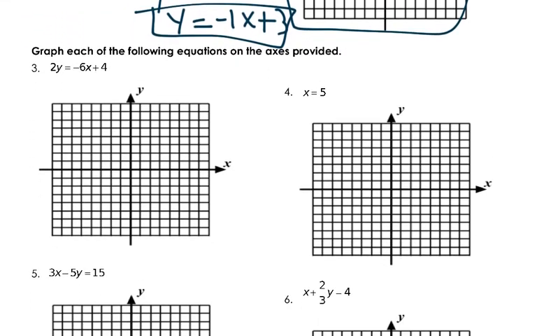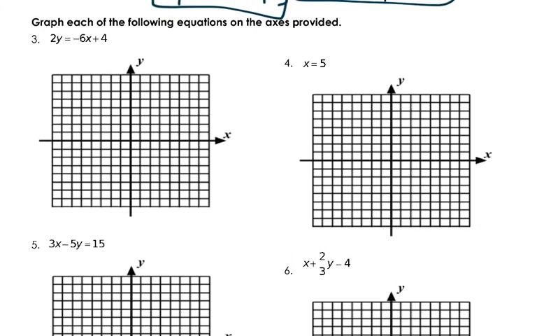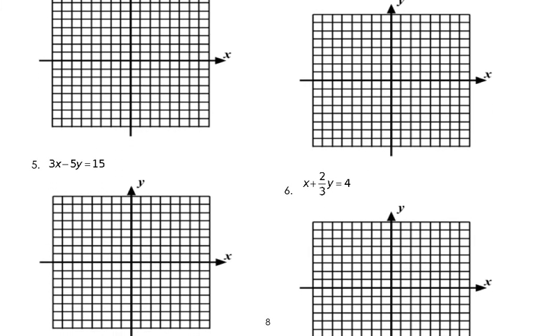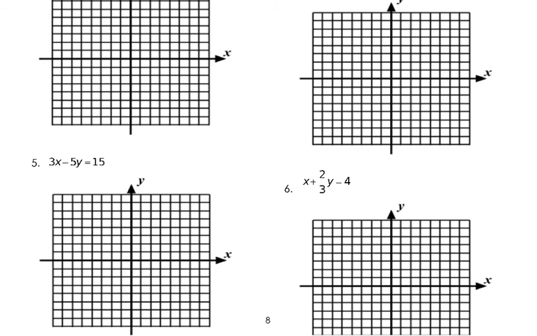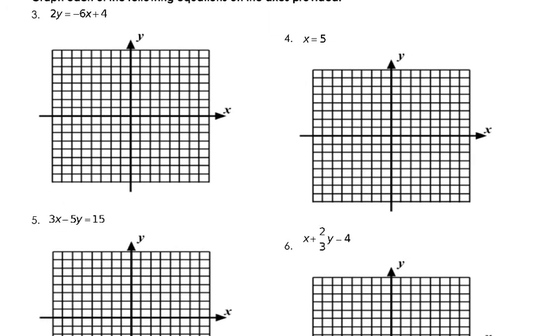Let's go down. People ask about 3 and 5. In either of these cases, 3 or 5, the whole point is that you want to get it in y equals mx plus b form.